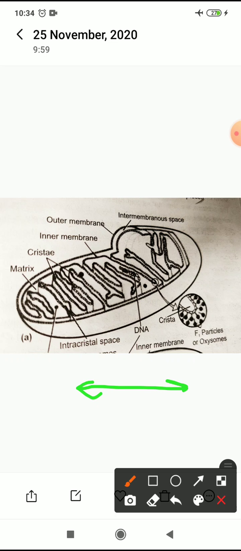Number of mitochondria per cell also varies, and this number depends on metabolic activity of the cell. So a cell which has high metabolic activity will have more mitochondria in it, while those with low metabolic activity have a lower number of mitochondria.